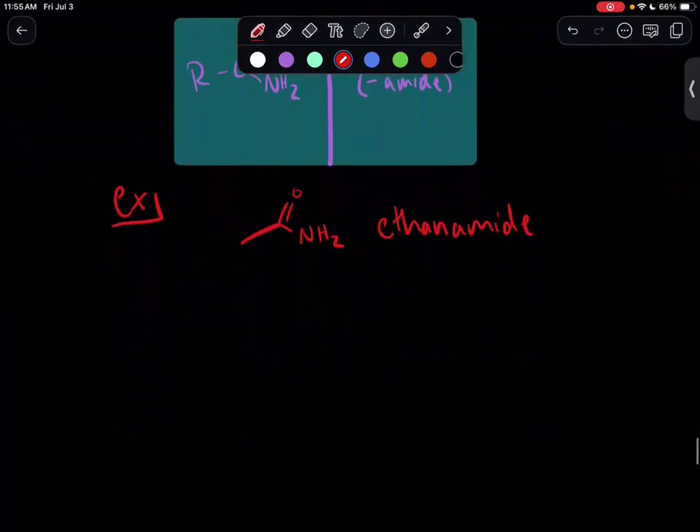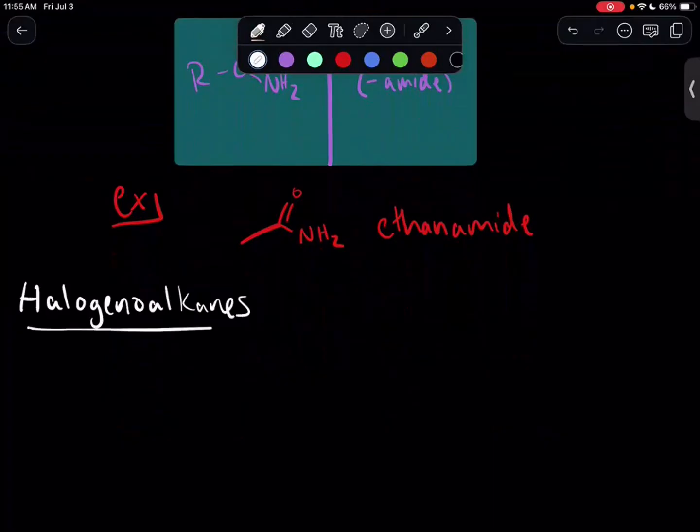All right, we got two more left and then we are done. These ones are quite fun. Halogenoalkanes. Exactly what the name suggests. This is going to have a halogen bonded where a hydrogen would be.